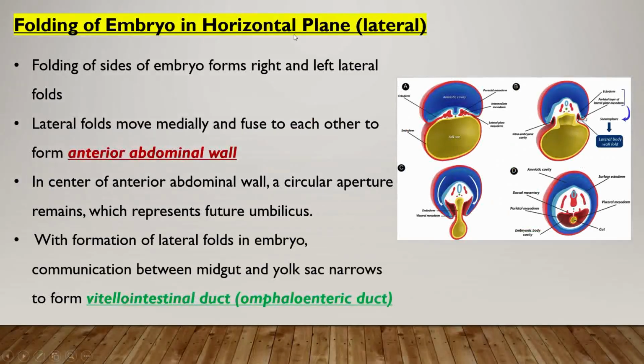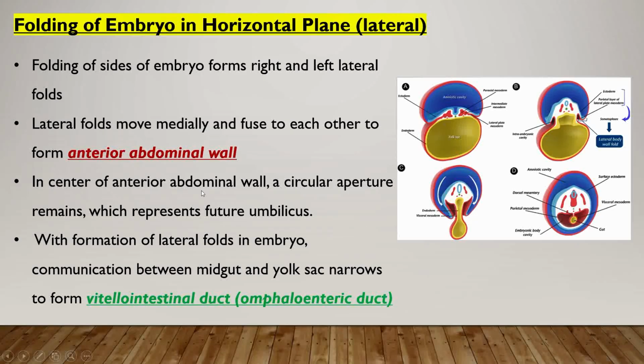Then folding of the embryo in the horizontal plane is known as lateral folding. Here the folding of the embryo forms right and left lateral folds. You can see the right and left lateral folds. Now they move medially and fuse with each other to form the anterior abdominal wall. So they are going to fuse here and form the anterior abdominal wall.